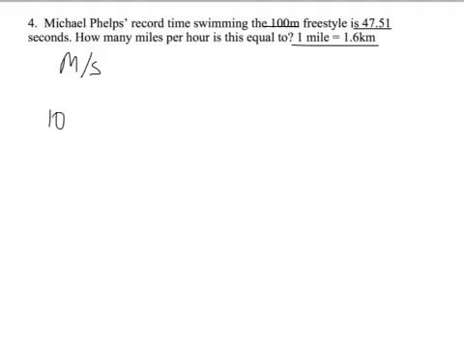We know that he has 100 meters in 47.51 seconds. Okay, so let's write down some other things that we know that we might need in order to calculate this. We want our final time in hours, and we want our complete unit in miles per hour. So we want miles, and we want hours.